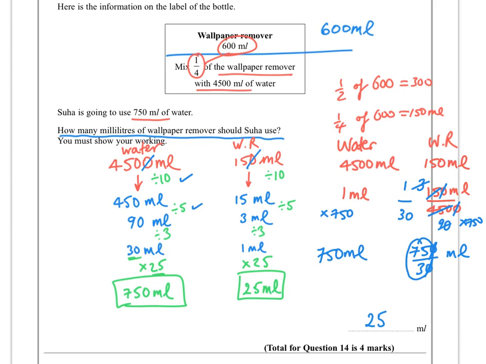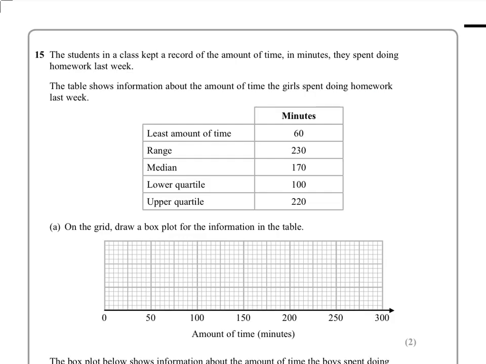So that's 2 ways of doing it. I'm sure there are plenty of others, but either way you've just got to try and get 4,500 here to appear as 750, but you've got to do exactly the same, and you can use the idea of ratio wherever you wish. That's absolutely fine, but as long as you obey the rules of ratio, you'll be absolutely fine as well. So whichever way you want to do it, it's completely up to you, but there's 2 ways for you.